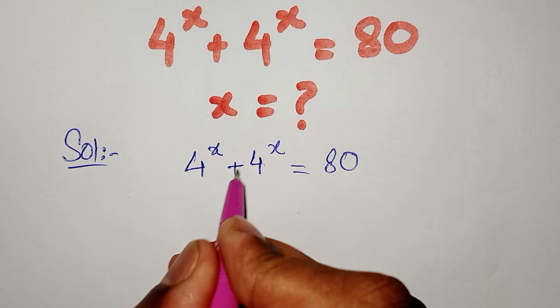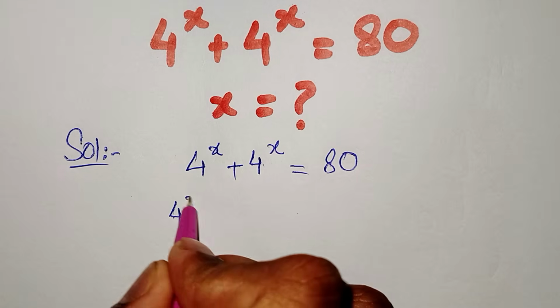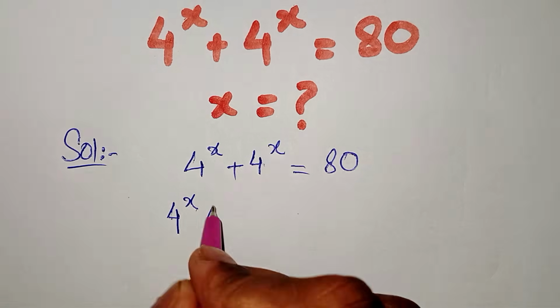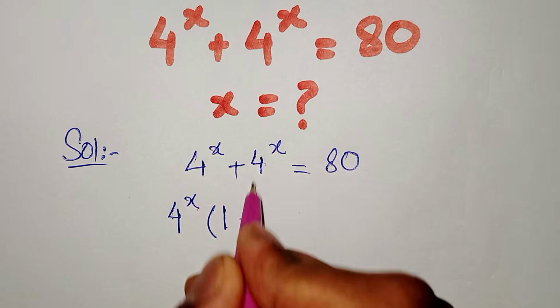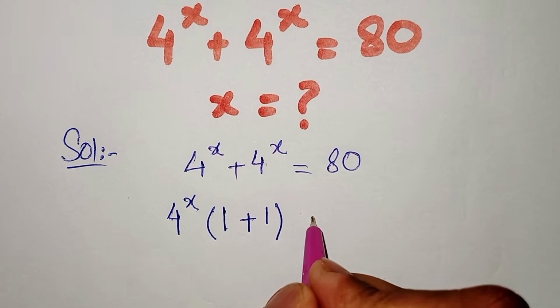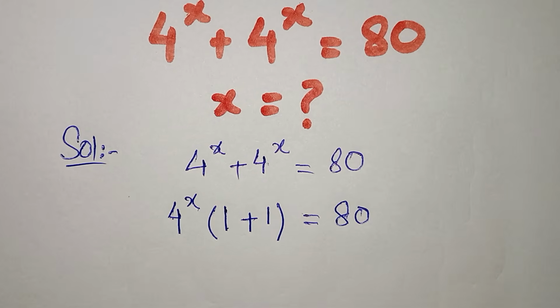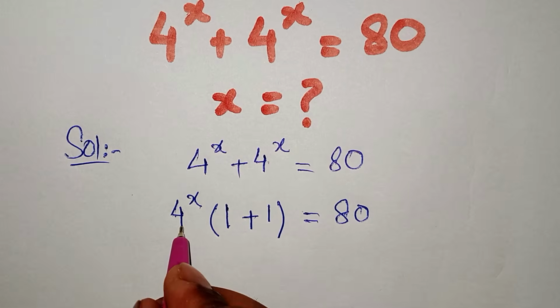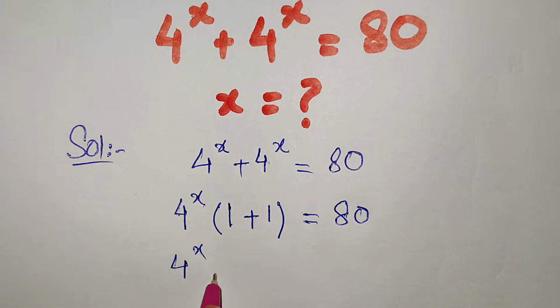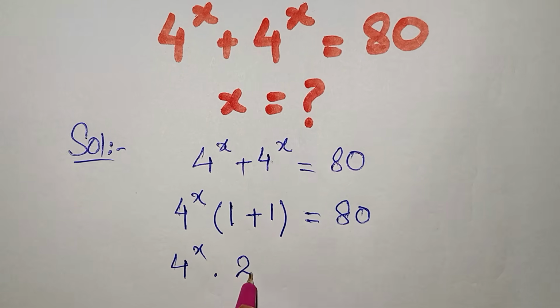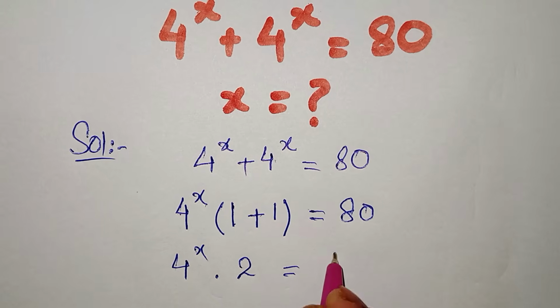From these both terms we take 4 power x common. It's 1 plus 1 is equal to 80. It will be 4 power x times (1 plus 1), which is 2, is equal to 80.